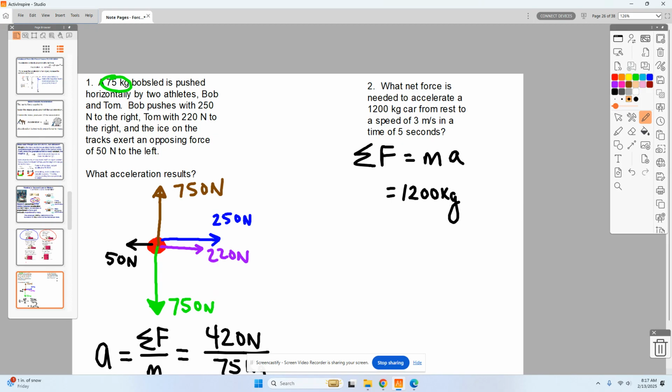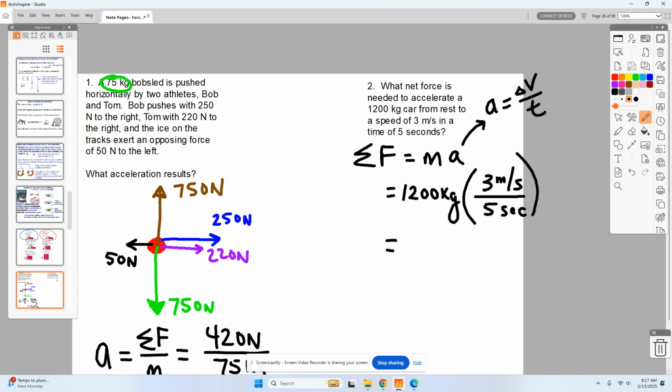We recall that a is equal to the change in velocity divided by the time that it takes. So if I'm going to go from 0 to 3 meters per second in 5 seconds, that's how I calculate the amount of net force that's needed.